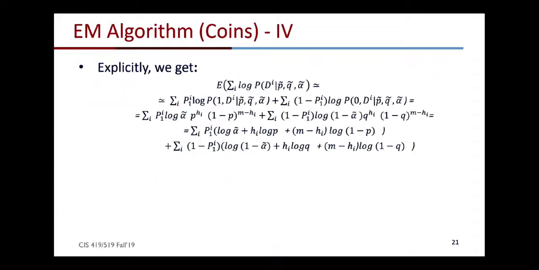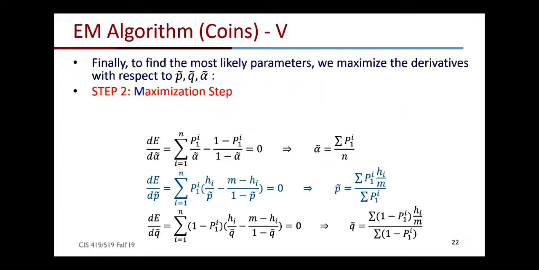Let's just go back and check. From here, you will get P1i over alpha, because I'm differentiating the log. And from here, I'm getting 1 minus P1i over 1 minus alpha. If you solve this, you're going to get that alpha is the sum over P1i divided by n.